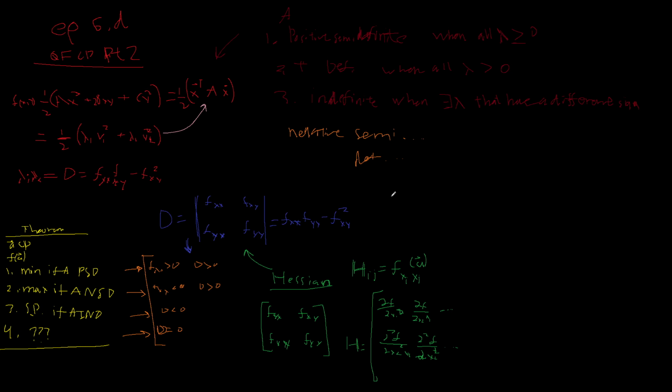For a general quadratic form x transpose A x, A is exactly half of the Hessian of f.